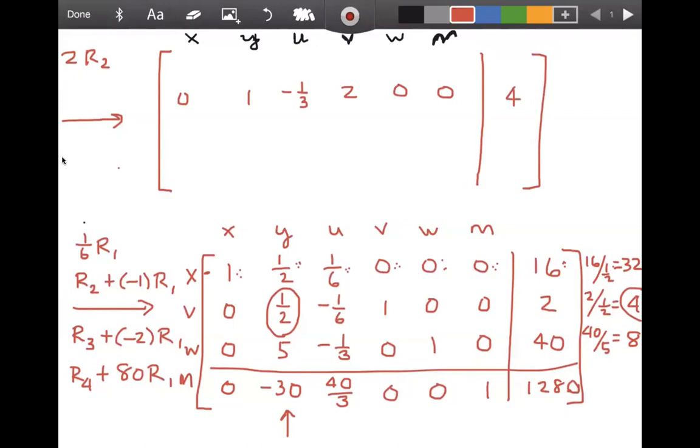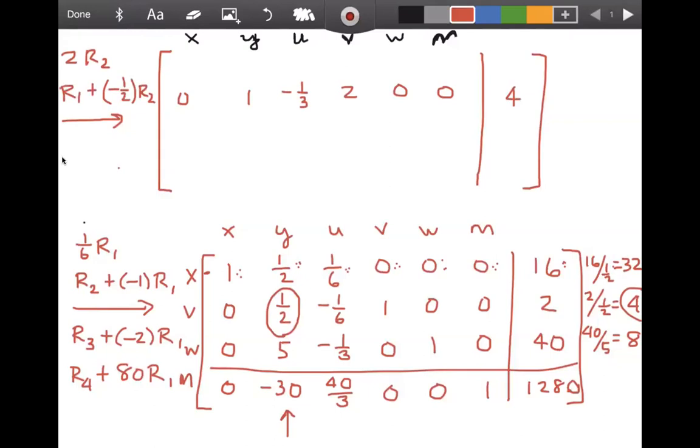All right, so now we have to create zeros in all of those other spots in the second column, starting with row 1. We're going to change row 1 by adding negative 1/2 times row 2, talking about the new row 2.